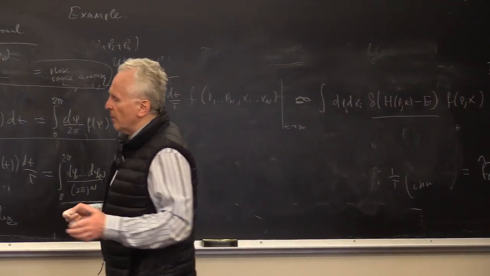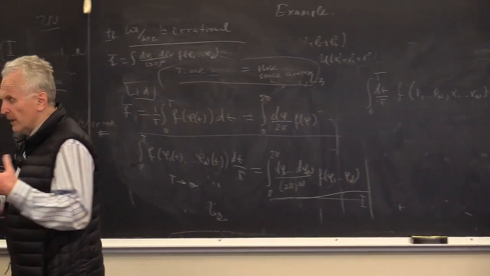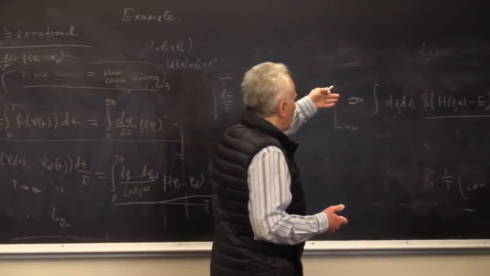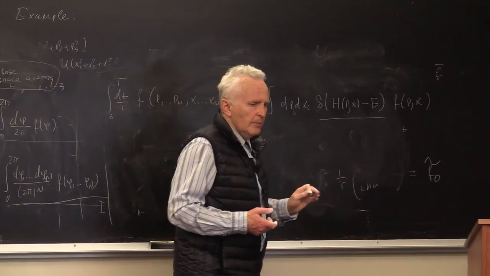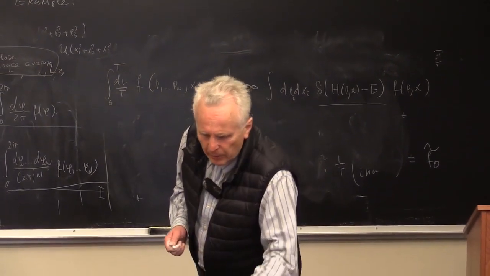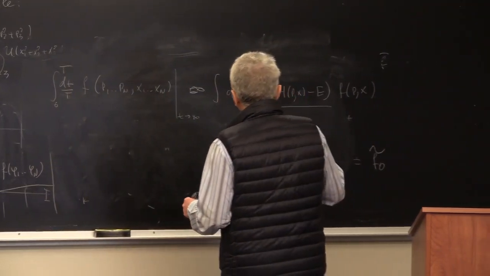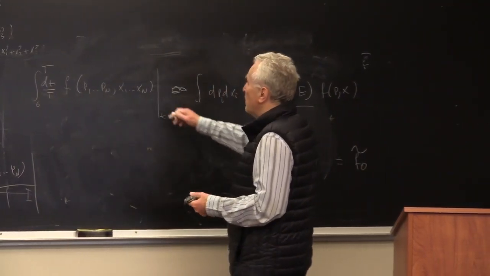This is what is called the microcanonical Gibbs distribution. And it is the basis of statistical mechanics. However, we will see that there are a few more things which are needed for statistical mechanics, which we'll discuss next time.